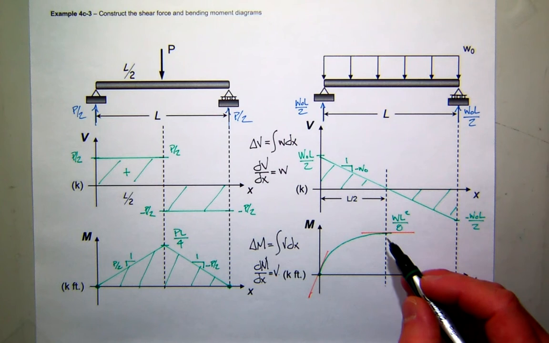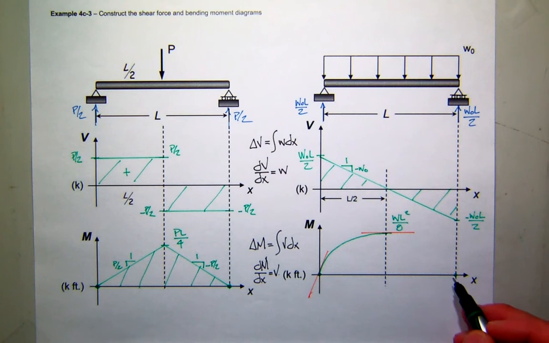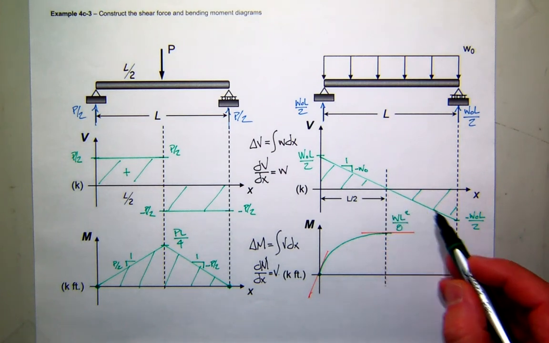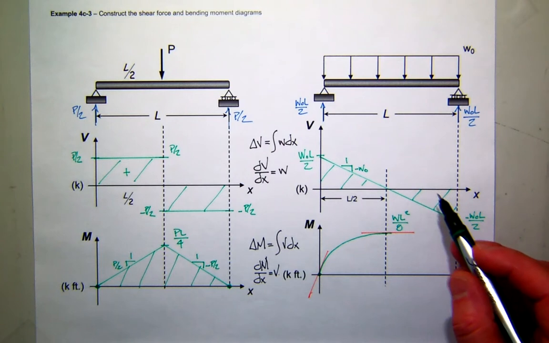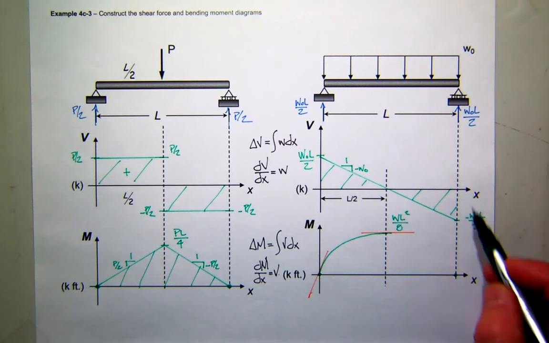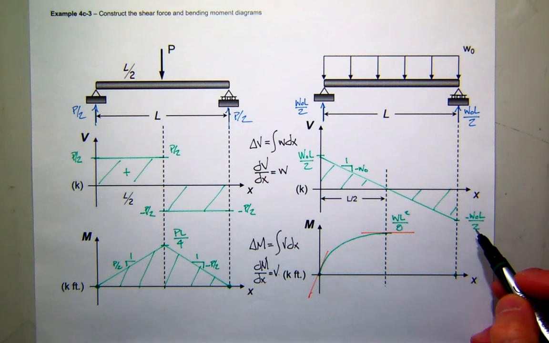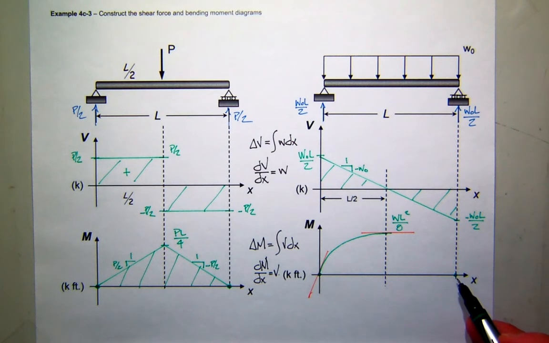Now, as I go from the midpoint to L, the change in moment between these 2 points should be the area under the shear diagram, which you can see is symmetric here. So again, the area of a triangle, 1/2 base, L over 2, times height, minus W naught L over 2. That gives us negative W naught L squared over 8. So I subtract it, I get back to 0.